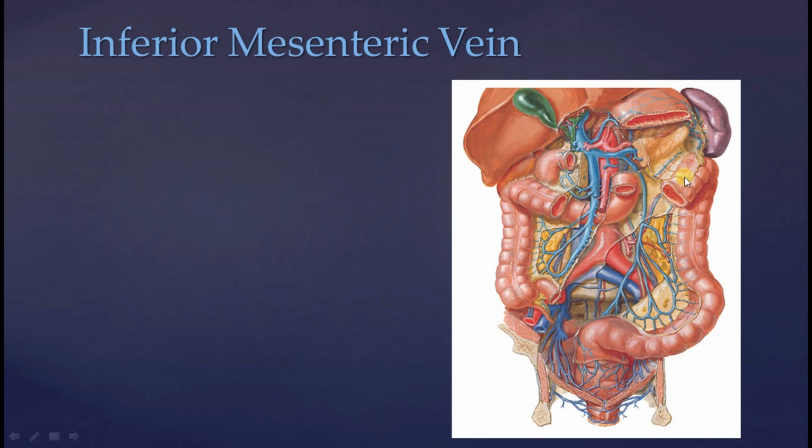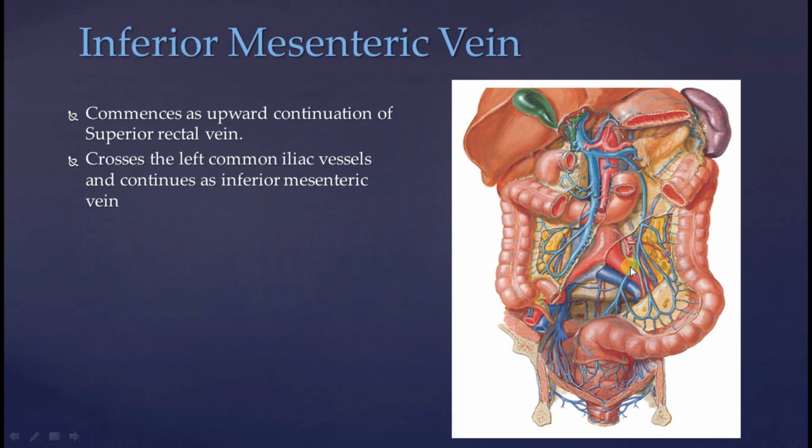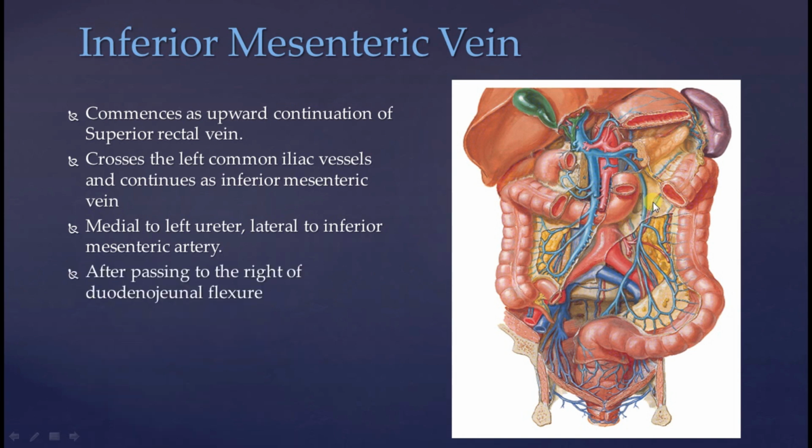Inferior mesenteric vein, you are able to see, starts as small veins, a continuation of the superior rectal vein. It crosses the left common iliac vessels and continues as the inferior mesenteric vein. The inferior mesenteric vein passes by the side of the duodenojejunal flexure, medial to the ureter, lateral to the inferior mesenteric artery.